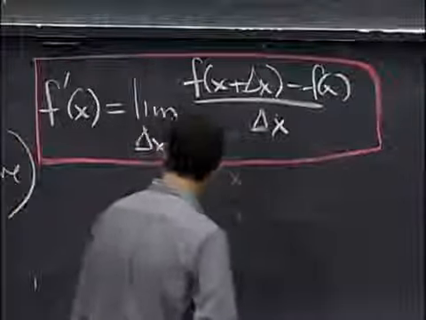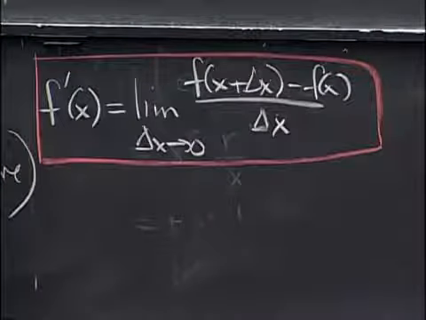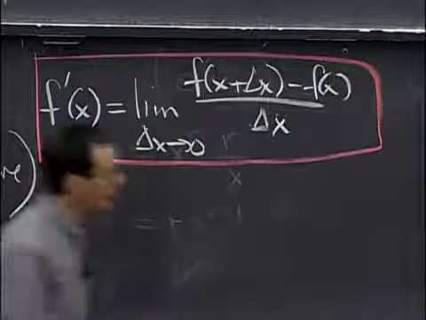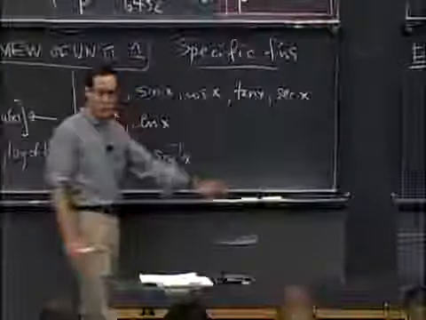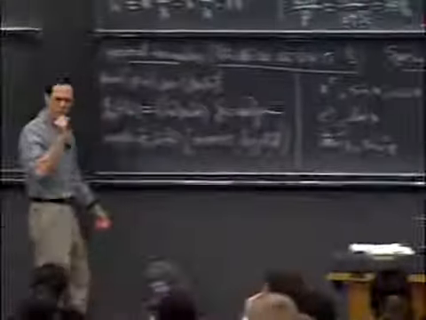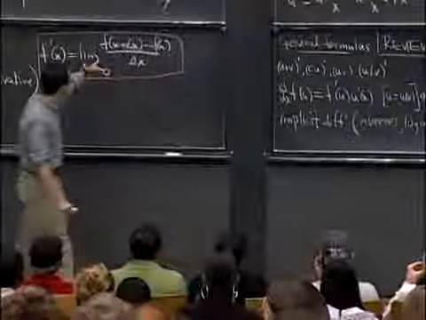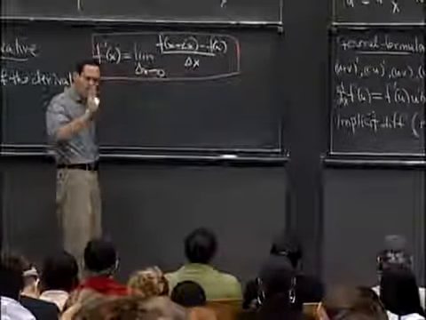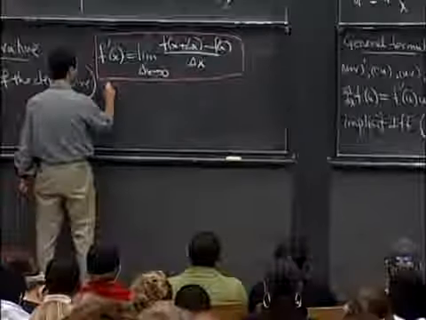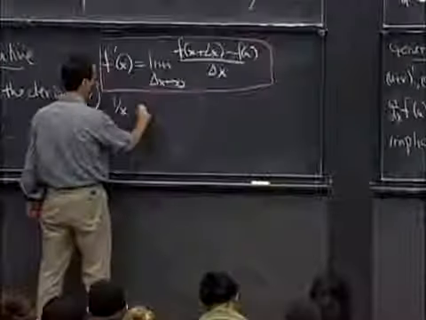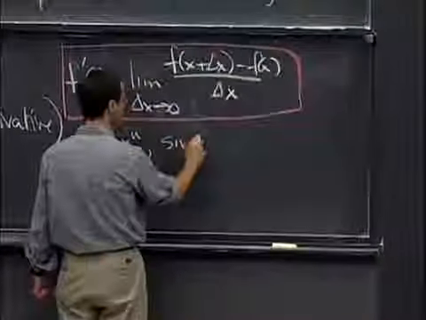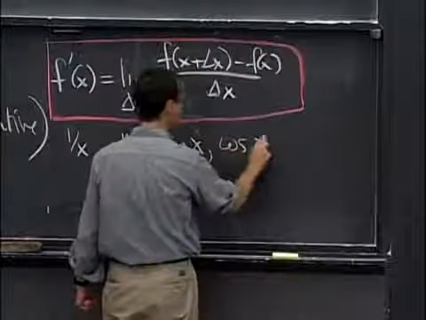Well, one thing we did was we calculated a bunch of these rates of change. And in fact, more or less, they're the ones which are written right over here, this list of functions. Now, which ones did we start out with just straight from the definition? There were a whole bunch of them. So we started out with the function 1 over x. We did x to the n. We did sine x. We did cosine x.